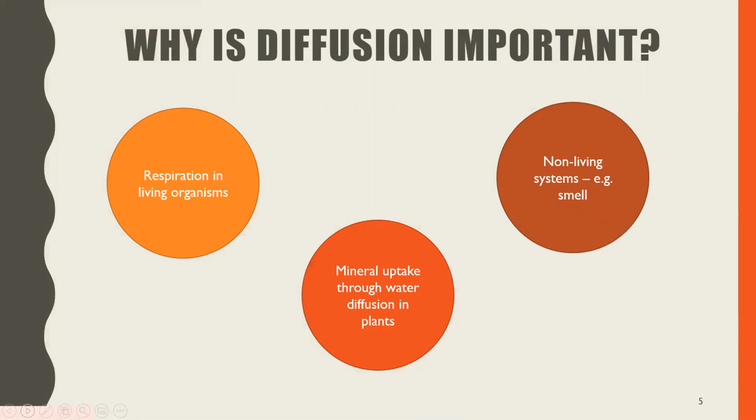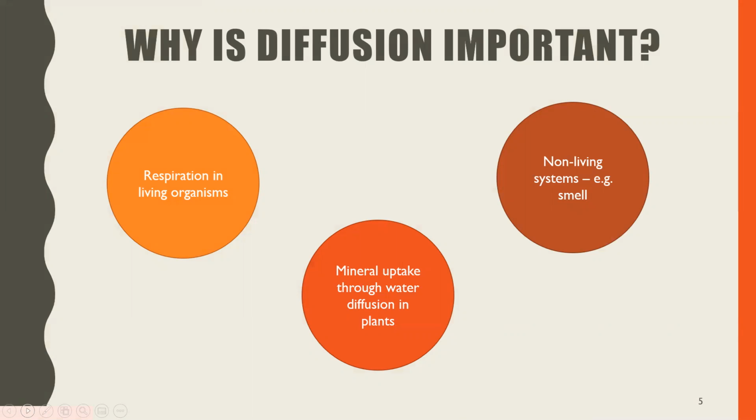And as we've learned, diffusion is the process of something moving from a high concentration to a low concentration. So in this situation, diffusion allows carbon dioxide in high concentrations in the cell to diffuse out through the cell membrane and into the blood where there is a lower concentration of carbon dioxide. All in all, this allows waste products to be removed from the cells and prevents a build-up.